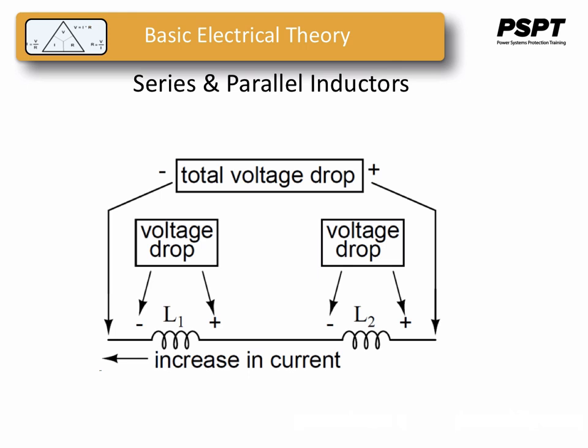If inductors are connected together in series, thus sharing the same current and seeing the same rate of change of current, then the total voltage drop as a result of the change of current will be additive with each inductor, creating a greater total voltage than either of the individual inductors alone. Greater voltage for the same rate of change of current means greater inductance.